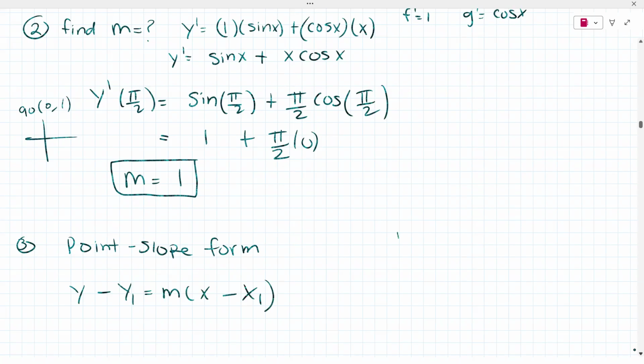We know that our slope is 1. We know that my x1 and my y1 are given. X1 is pi over 2, and your y1 is also pi over 2. So it's going to be y minus y1, which is pi over 2, equals m, which is 1, times x minus x1, which is pi over 2.